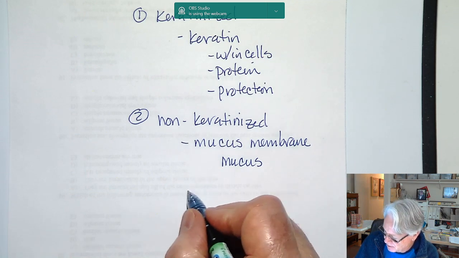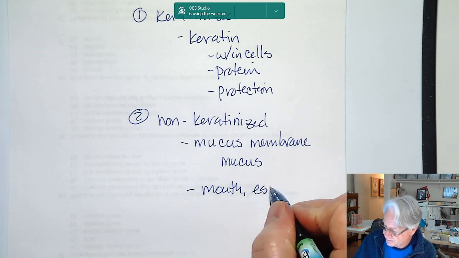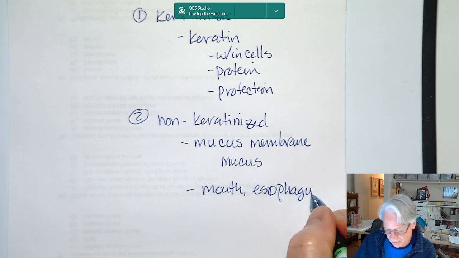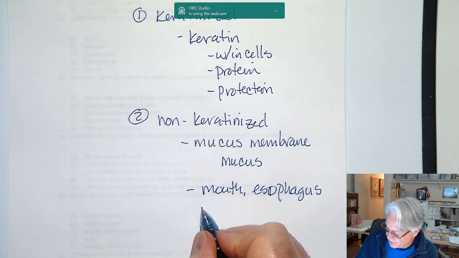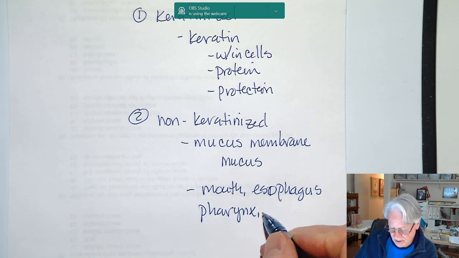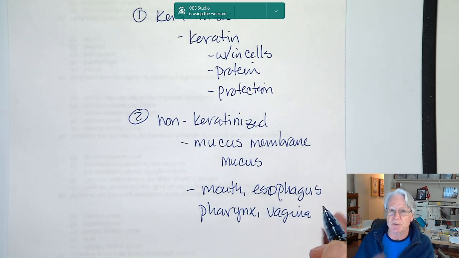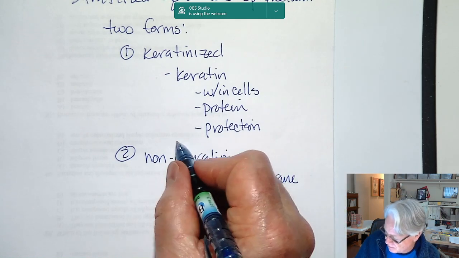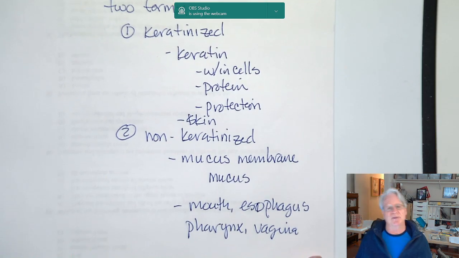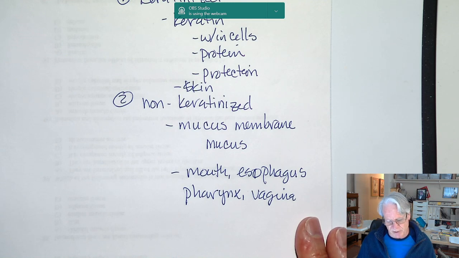So some examples here would be mouth, the esophagus, the pharynx, also the vagina. By the way, the only place where we find keratinized is the skin. So that is the only place where that type of stratified squamous epithelium is found. Okay, so non-keratinized in a variety of different places.